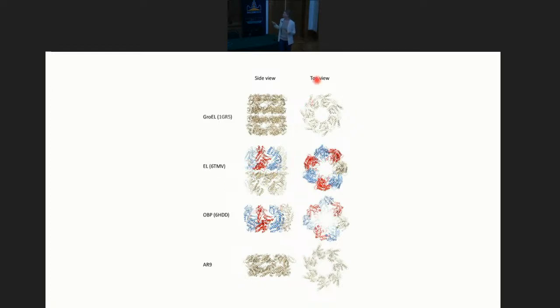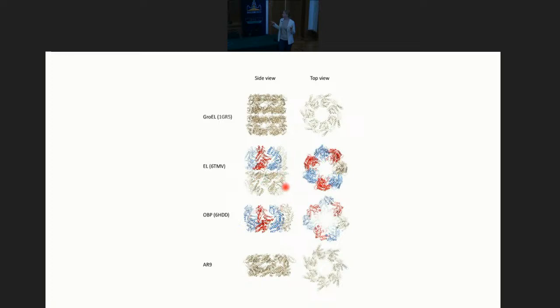Here is the double-ringed GroEL. Here are our single-ring chaperones, OBP and AR9. And here is the double-ring EL. I didn't mention that this EL chaperonin with alternating subunit conformation was purified sometimes as a single ring, sometimes as a double ring. Here, the apo state is a double ring.